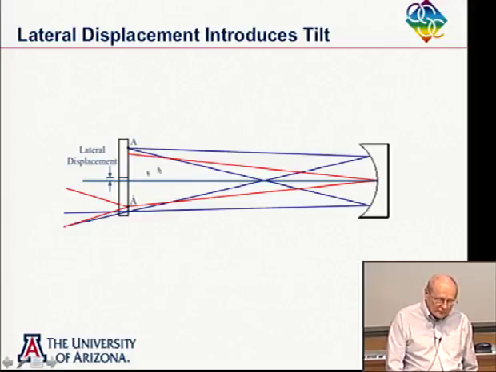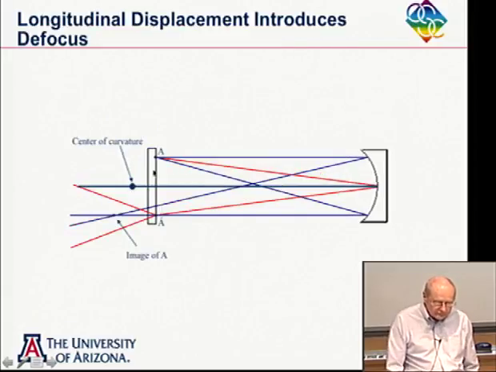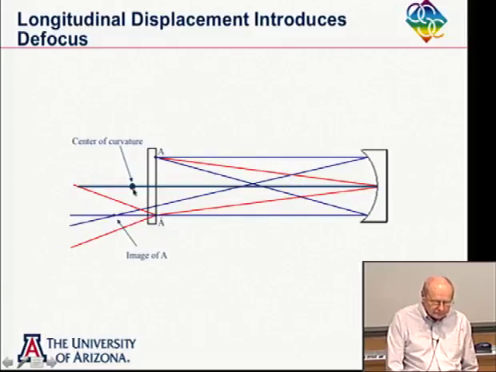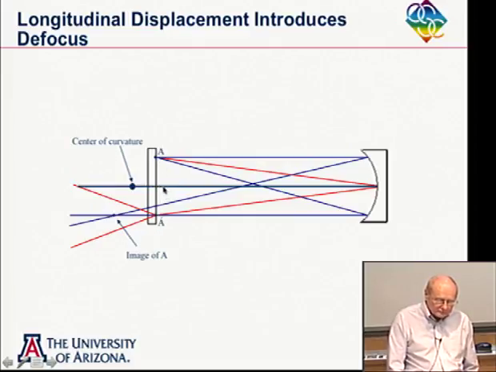Now I said if I move this longitudinally, I'll introduce defocus. Okay, so let's say this is the center of curvature of the mirror, and this is my scatter point up there. And right now I'm going to have the scatter plate set up so the point of inversion symmetry is right on axis.